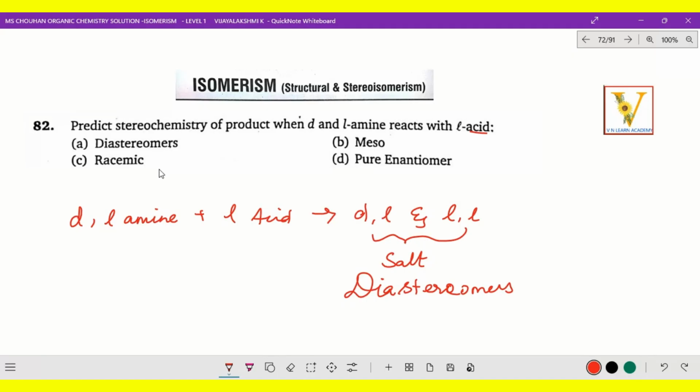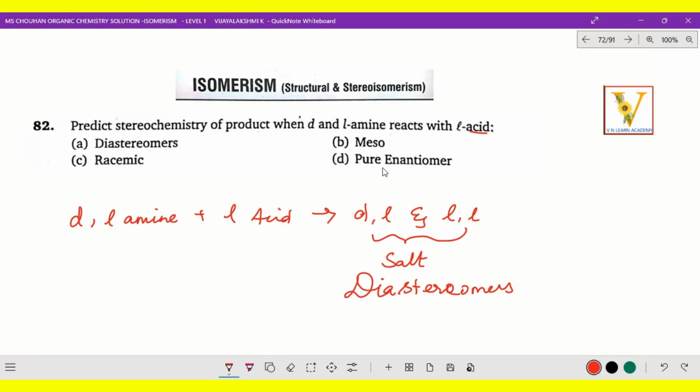Diastereomers, actually here it is not required to have a chiral carbon, whereas for meso, racemic mixture, and enantiomers, minimum two chiral carbons are mandatory to identify. For meso to be identical, we have to identify minimum two chiral carbons. The same way, D and L amines, which are optically inactive, for that we go for racemic mixture, so minimum two chiral carbons.